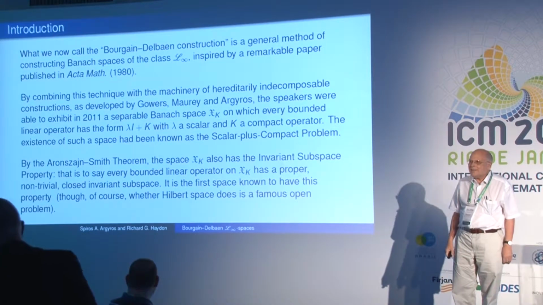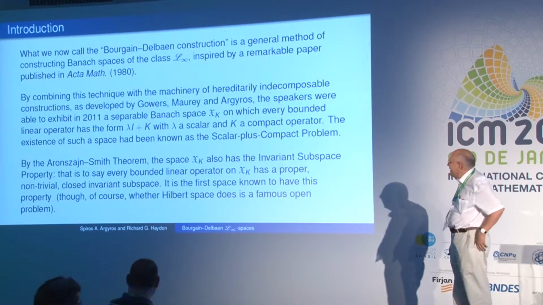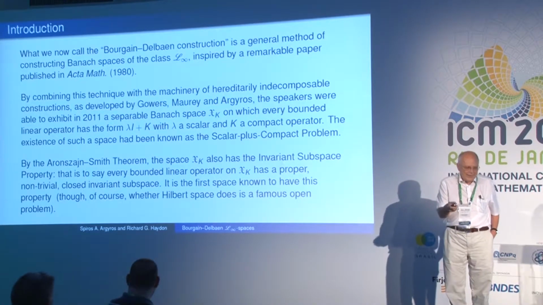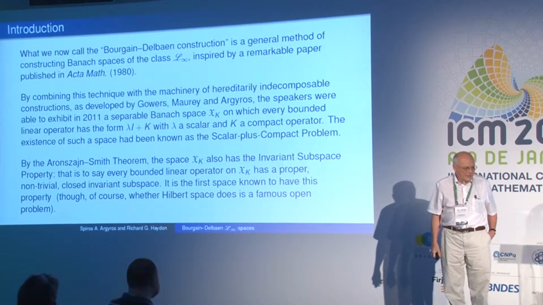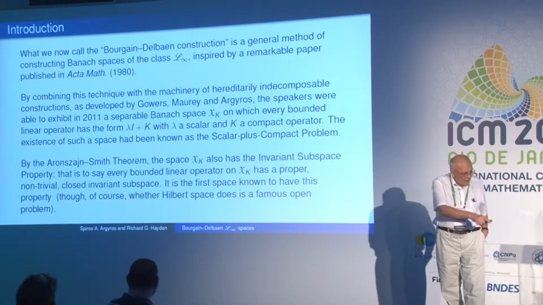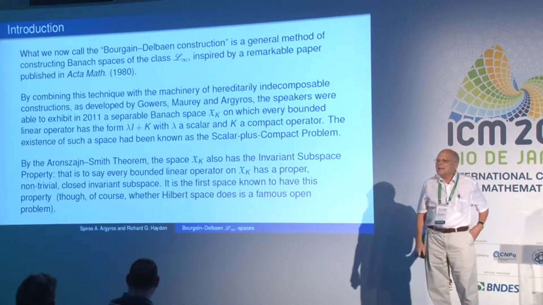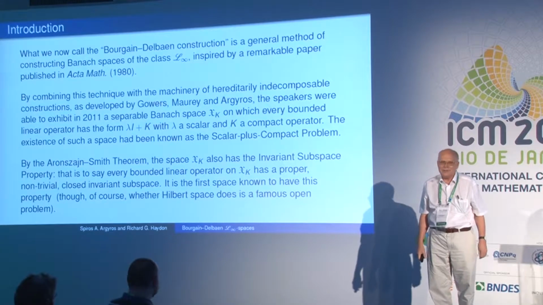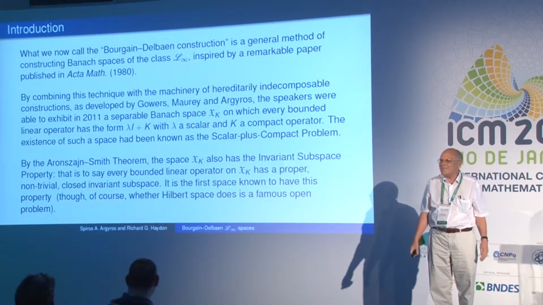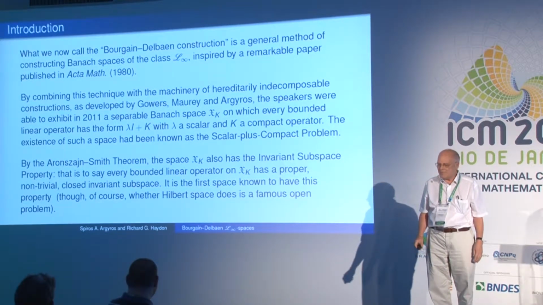So something we might as well note straight away is this means that every operator commutes. Every operator, yes, is scalar plus compact. So by the old theorem of Aronszajn and Smith, every operator has a non-trivial invariant subspace.